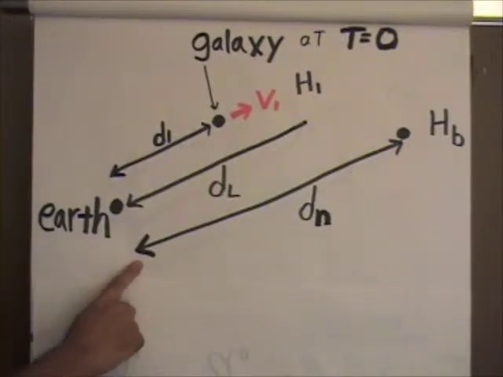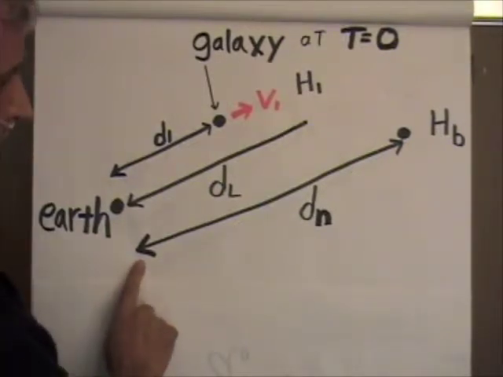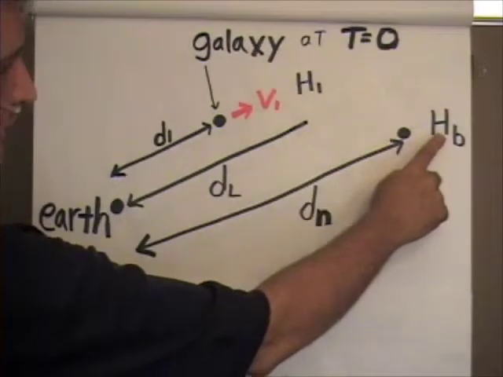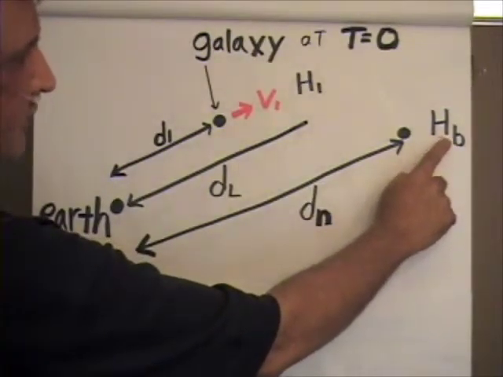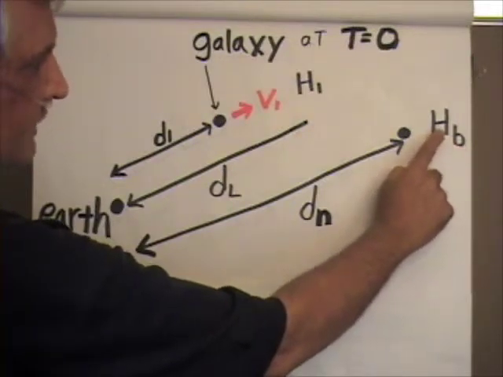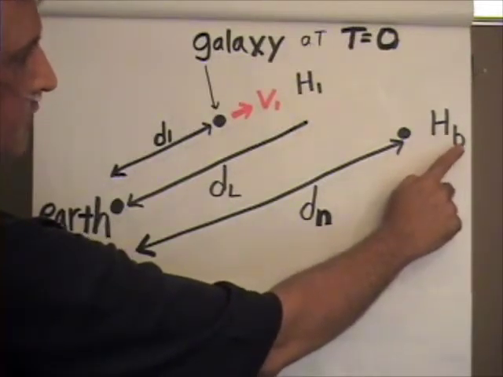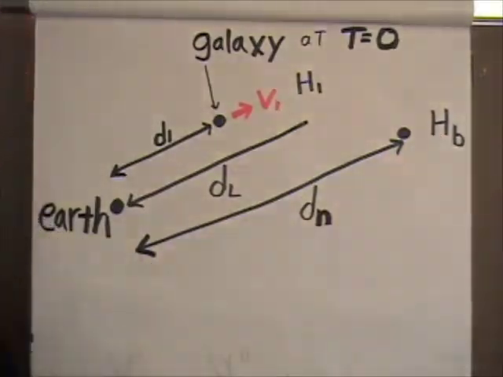And for reasons that will be discussed later on in this series, the Hubble constant that is associated with that is a blended value. So I denote that as HB for the blended Hubble value.